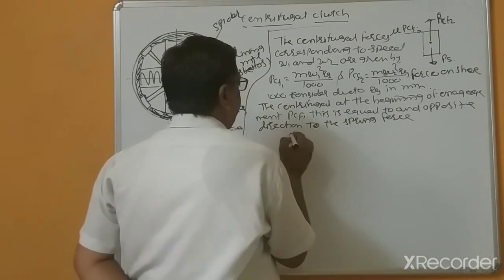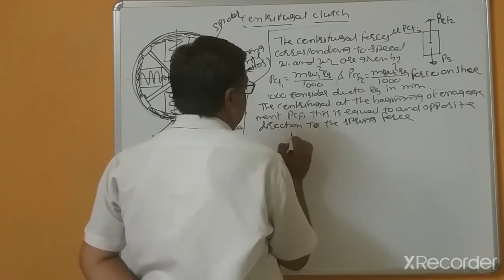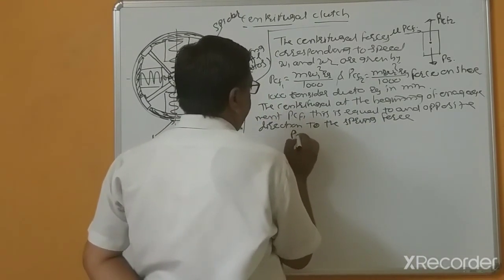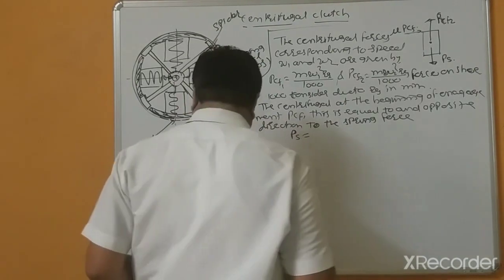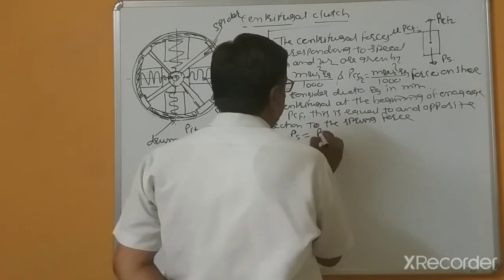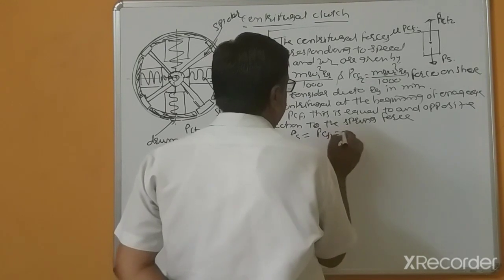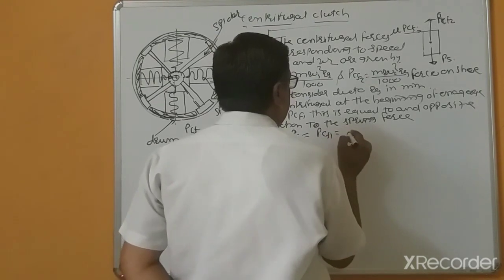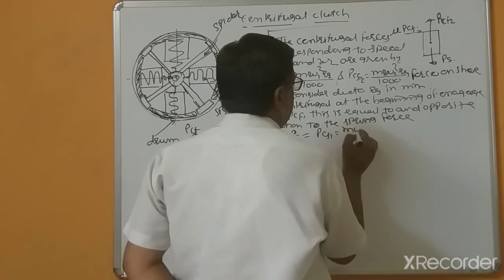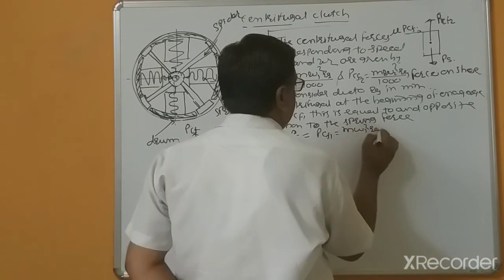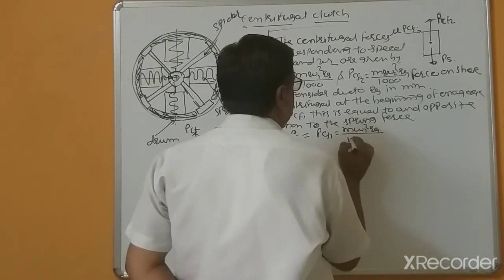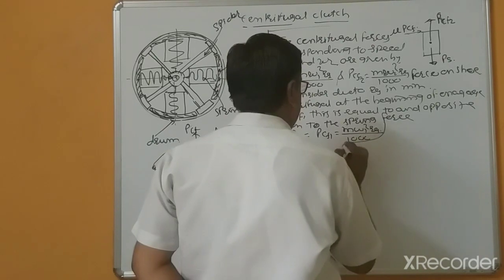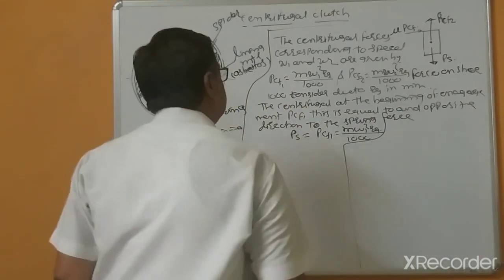So the spring force PS equals PCF1, equal to m into omega 1 square into Rg divided by 1000.